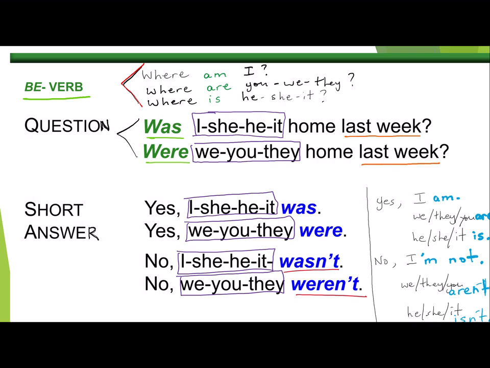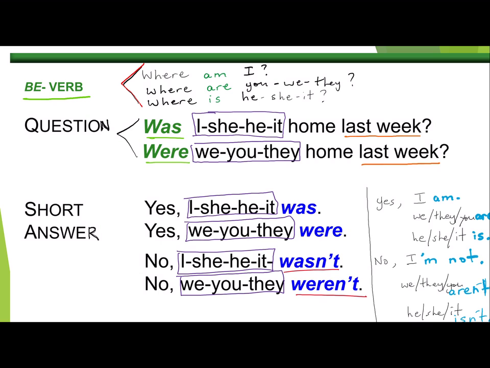Was he home last week? Where was he? Were you home last week? Where were you? Okay, so the word order is the same. It's the be verb plus the subject and then the rest of the sentence, the information.